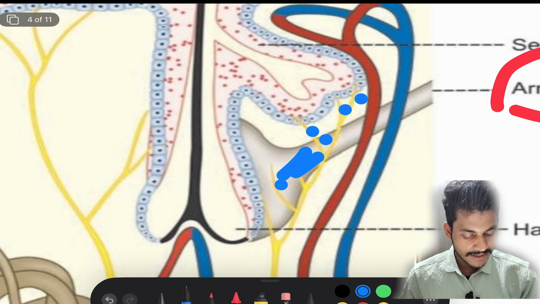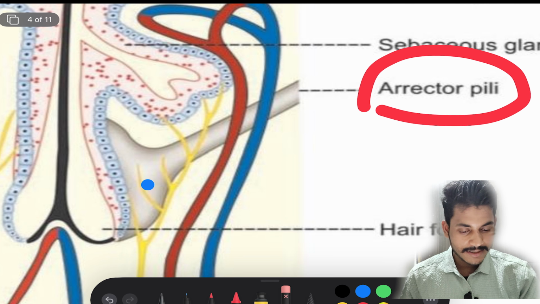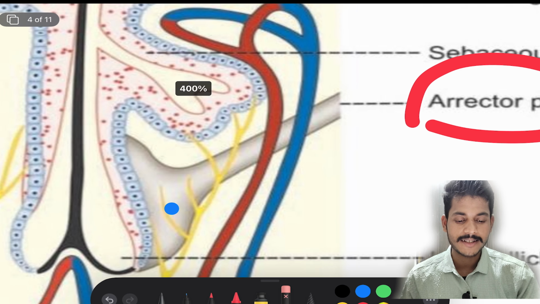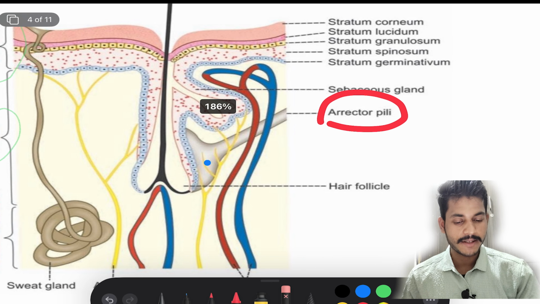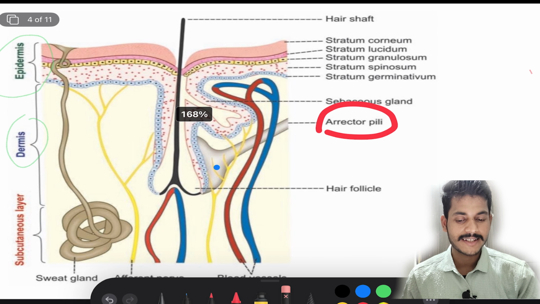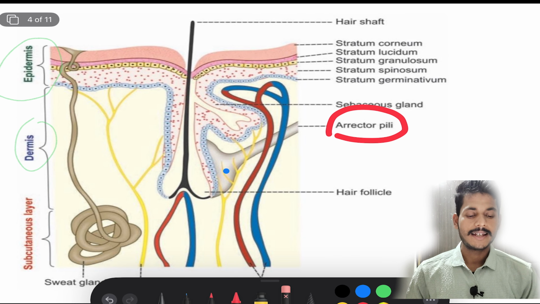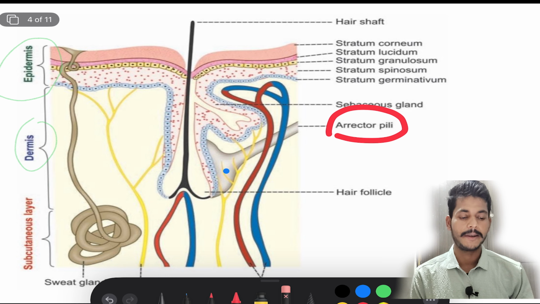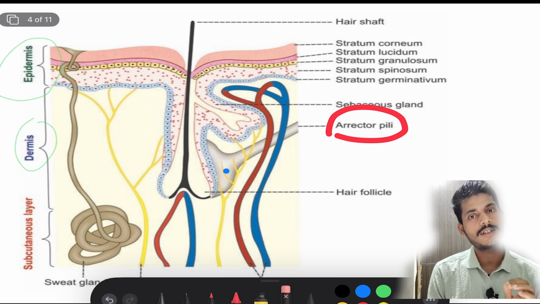You are seeing that they also supply these glands, the sebaceous glands. Understood? It means the secretion of the sebaceous gland is dependent upon the nerve supply. It is under the control of the nerve supply.